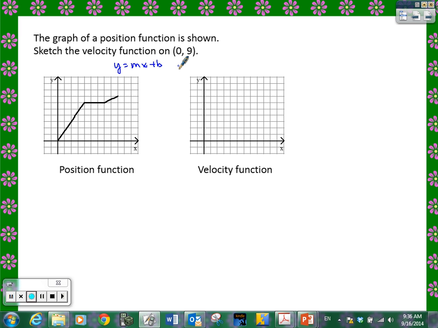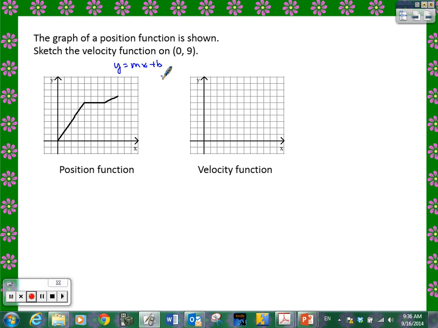So this is a really basic graph, which is really nice for us because we're able to find exactly what the derivative would be. And we don't even have to write the equations for each of the lines, because if we took the derivative of this equation of a line, we know we would just end up with m. You with me? Okay, so we just really need to find the slope of each segment.